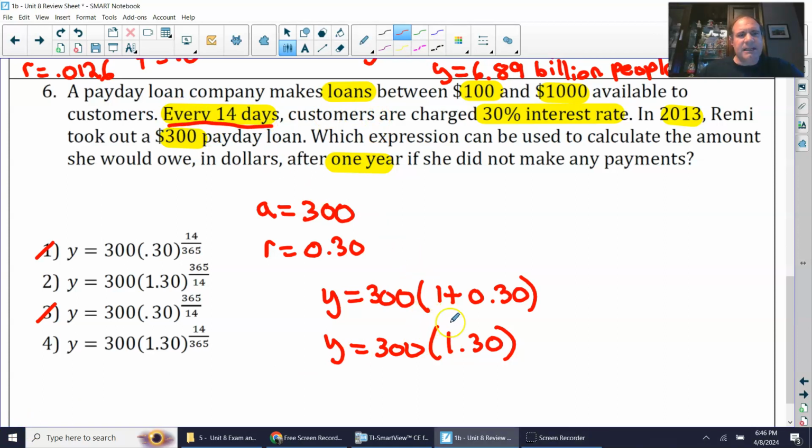So we're just going to have to put 365 divided by 14. And that's exactly what number 2 says. It's not 14 divided by 365. You have to see how many times she's going to be charged the 30% interest rate in that 365 days because she's taking it out for 1 year. And that is the answer.